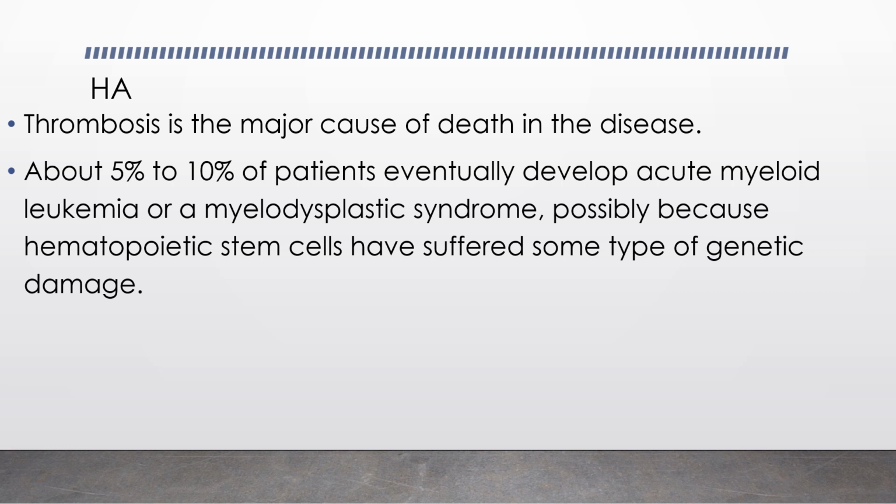It can cause thrombosis as an adverse effect. 5 to 10% of patients may develop acute myeloid leukemia or a myelodysplastic syndrome, damaged bone marrow, where bone marrow is affected. Possibly because some type of genetic damage has been done, maybe in addition to what we have known in this disease, or this enzyme may have some other roles too. So, this is about PNH.